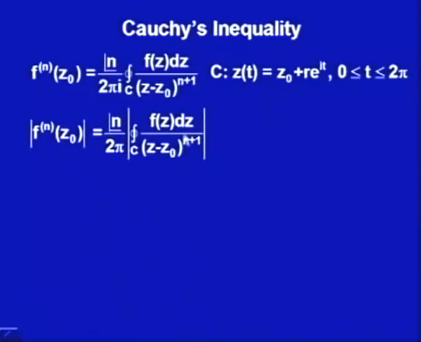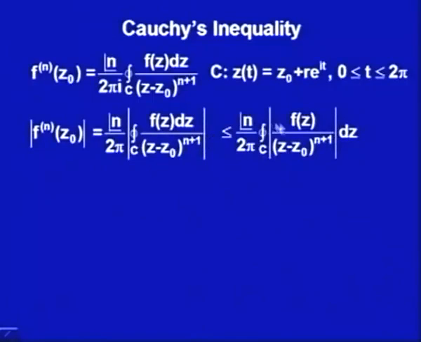Now, I have taken this path C as the circle centered at z naught. What it says is z minus z naught would be r times e to the power i t, and f(z) is any function. So, I would simply write that this is less than or equal to the integral of the absolute value.